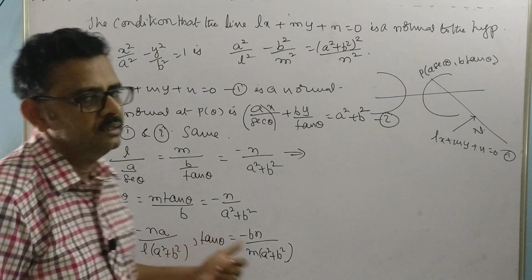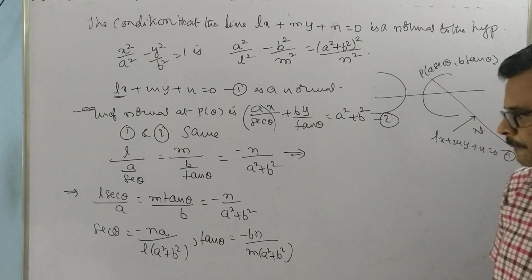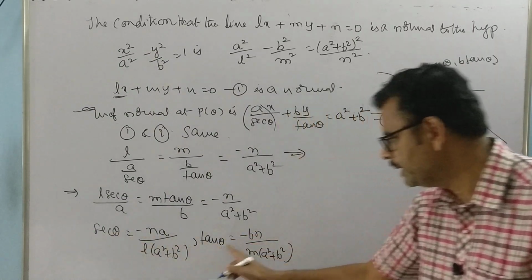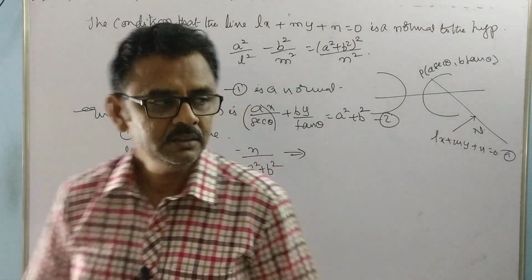Now by eliminating theta, the relation between secant theta and tan theta is secant square theta minus tan square theta equal to 1.